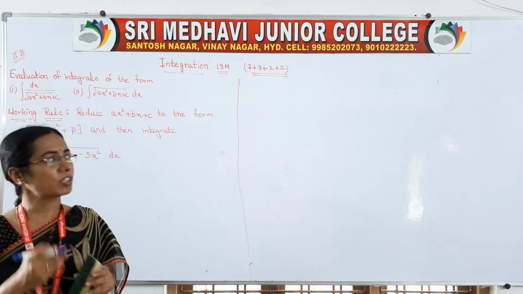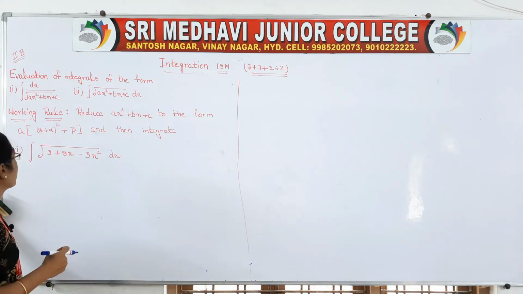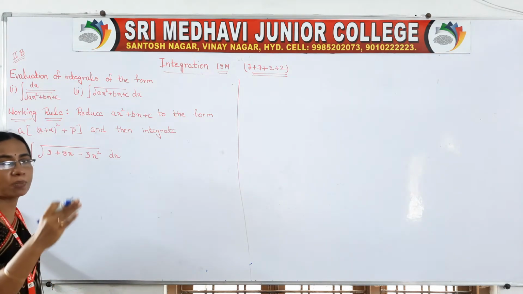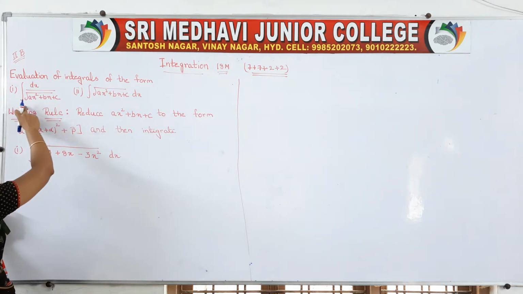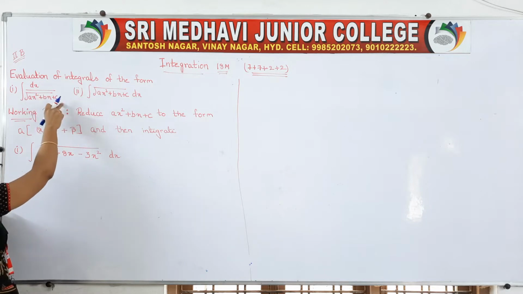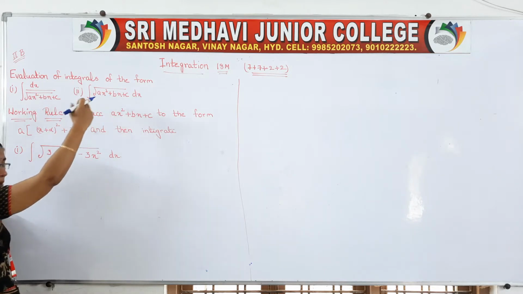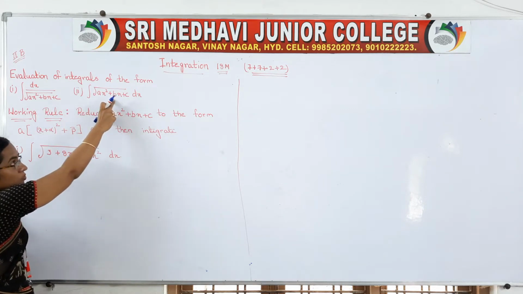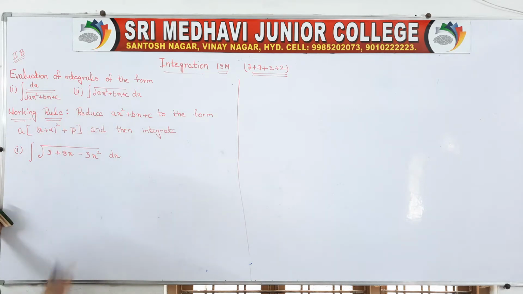Okay, now come to the second method. See, previously it was 1 by ax square plus bx plus c. Now it is integral dx by root of ax square plus bx plus c. The given problem is either in this form or in this form. We have to follow the same working rule.